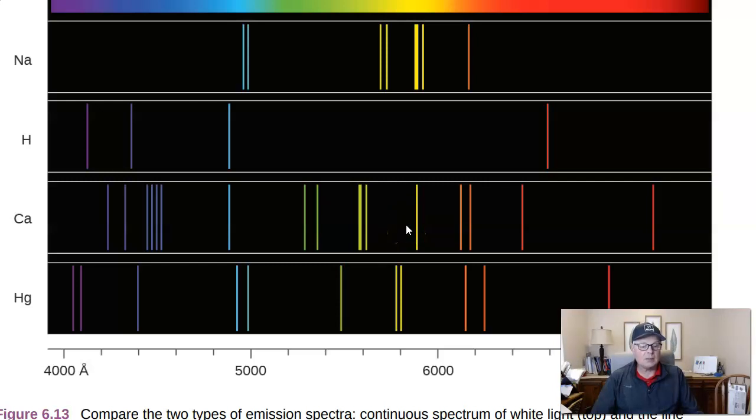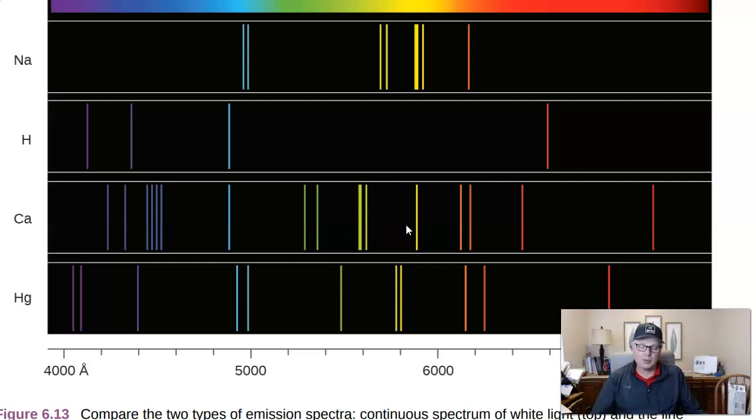So what does that lead me to believe theoretically? Well, that leads me to believe that the energy spacings in each of these atoms are different, because otherwise the spectra would all look the same. So I know there are two energy levels in a sodium atom that differ by 203.1 kilojoules per mole.